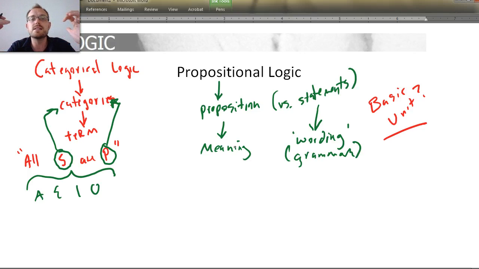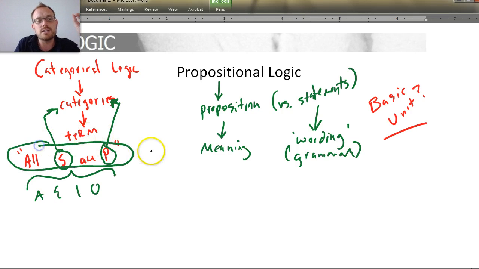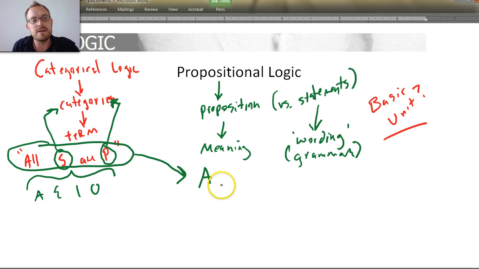What we're going to see is that the basic unit, instead of each individual term as in categorical logic, is the entire proposition, which is going to get symbolized by capital letters. It doesn't matter what capital letter it is. This gives us a fabulously rich tool to analyze ordinary language arguments in terms of determining whether or not they're valid or invalid.